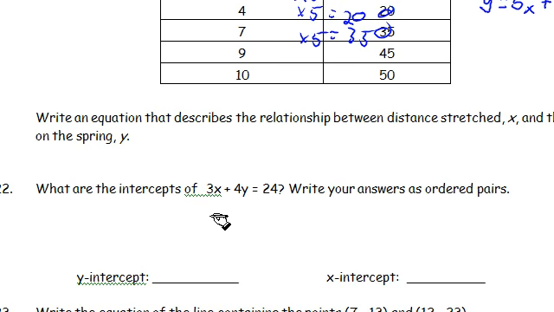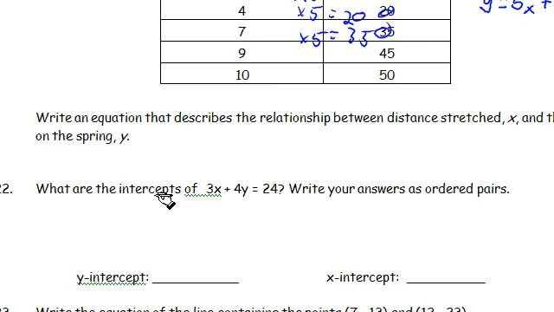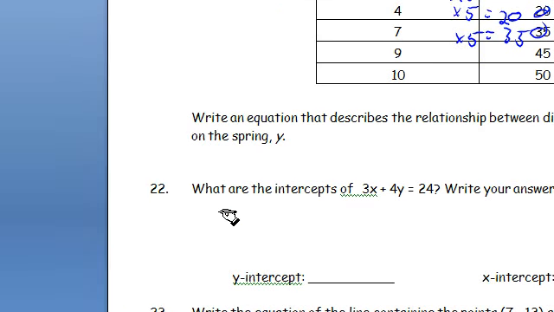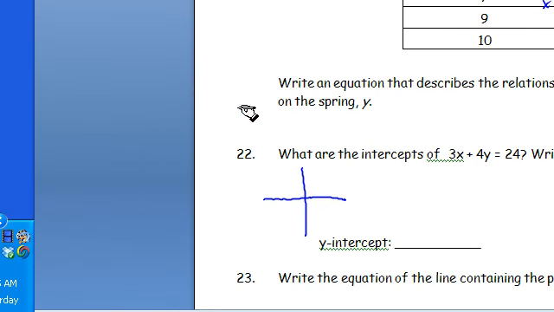What are the intercepts of 3x plus 4y equals 24? Okay, so we're talking intercepts here. We're talking about when our line intercepts the y-axis, the x-axis and the y-axis.